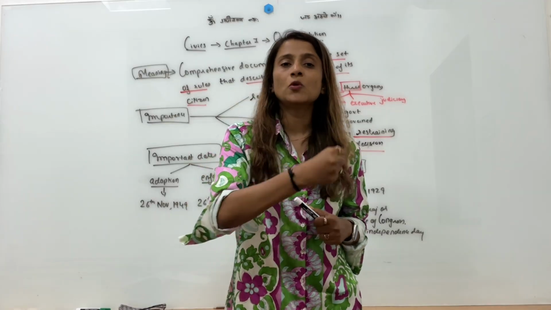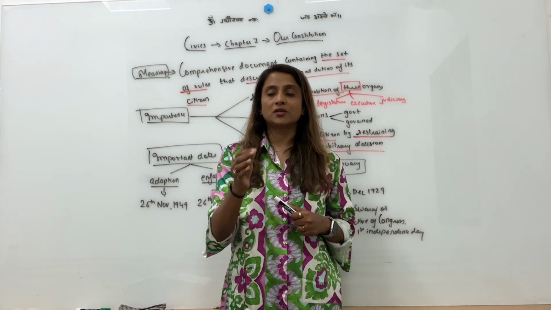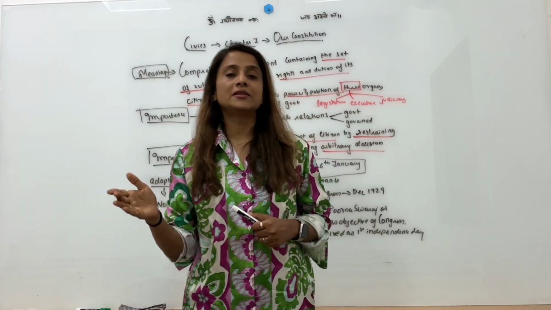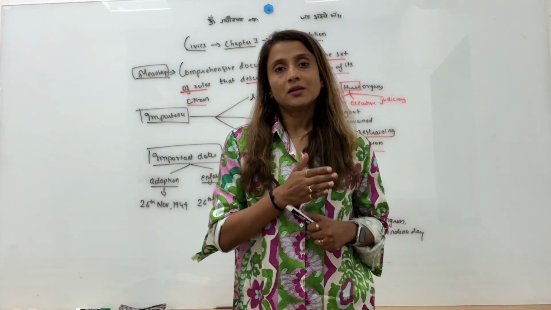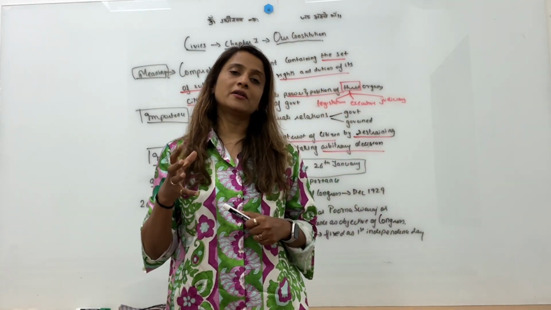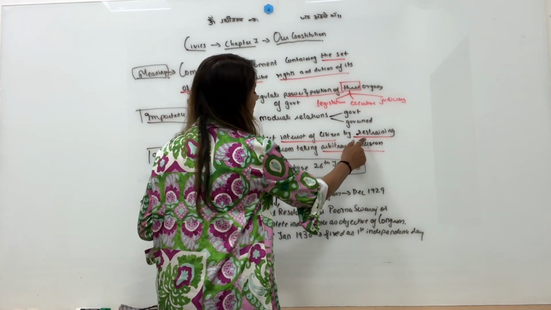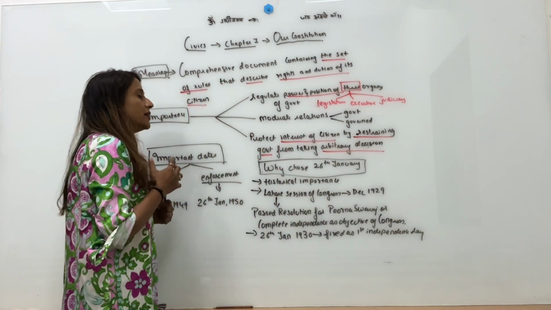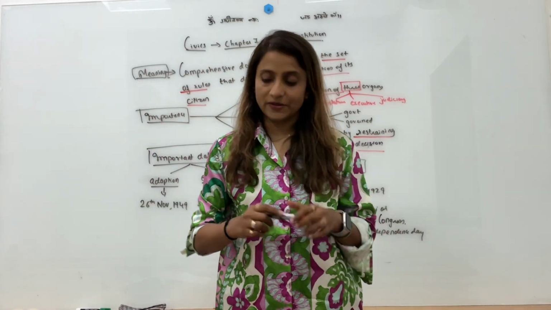But the constitution has clearly mentioned what decisions they can take. So the constitution restrains the government from taking arbitrary decisions. Thus, it protects the interest of the citizen.